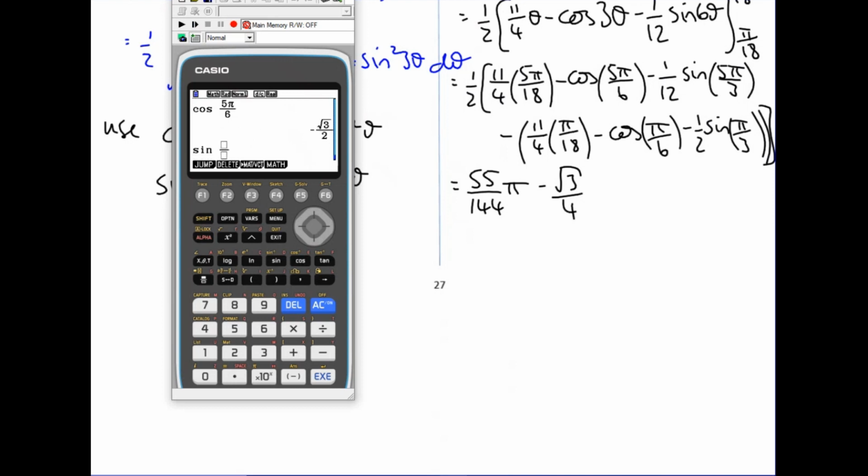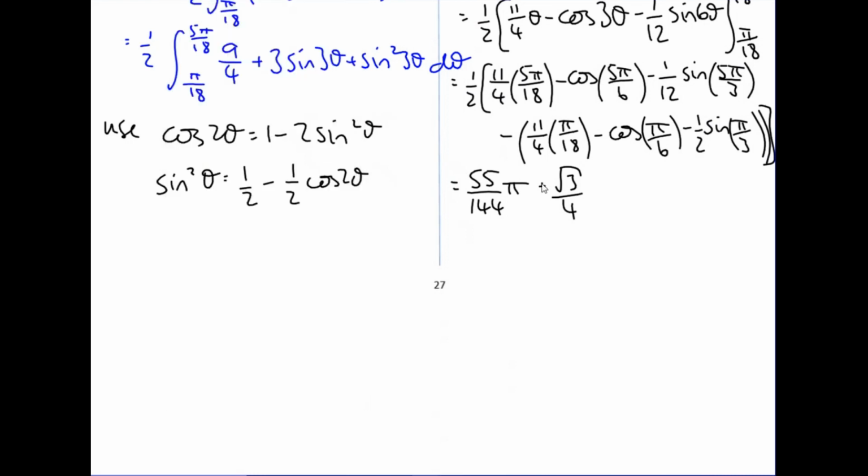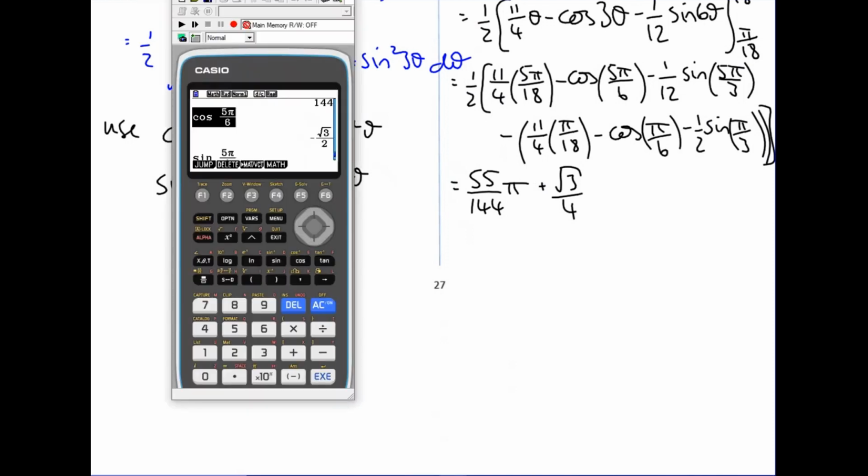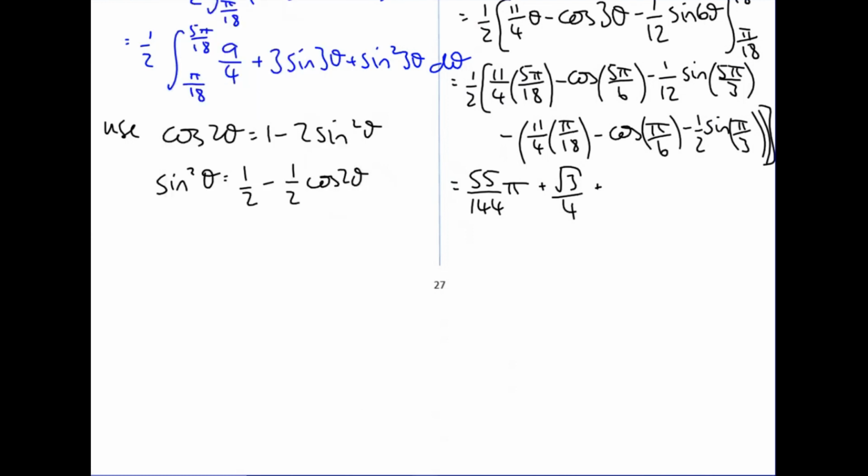Sine of 5 pi over 3 is another minus root 3 over 2. That's times by minus 1 over 12. That should be positive root 3 over 4, shouldn't it? Because I got minus root 3 over 2 for that cos, and it's minus that, so it'll be positive. So I'm timesing again that minus root 3 over 2 by minus 1 over 12 and times it by a half again. So I'm going to get plus root 3 over 48.